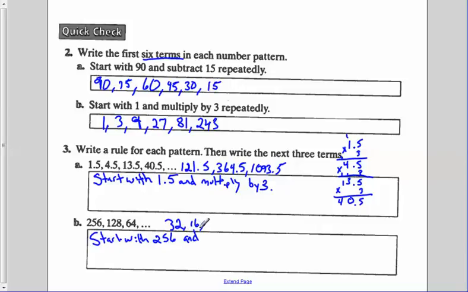And I divide by 2 again, and I get 8. So start with 256 and divide by 2. So my next 3 numbers would be 32, 16, and 8. That concludes lesson 3.1.